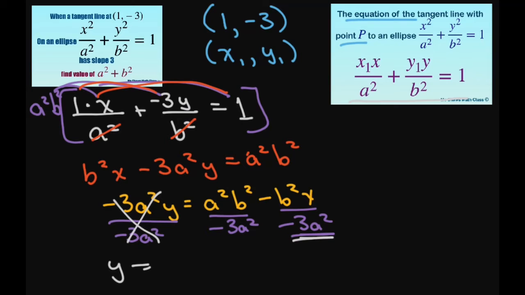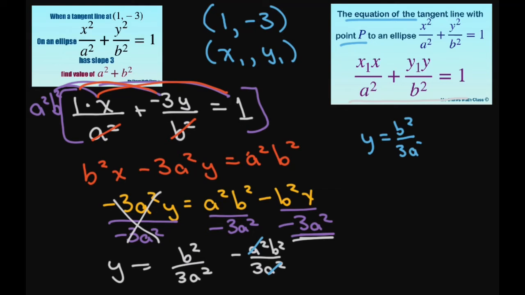So we're going to get b squared divided by 3a squared x, and then minus a squared b squared divided by 3a squared. And what happens is the a squareds cancel here. So finally we have y equals b squared divided by 3a squared x minus b squared divided by 3.